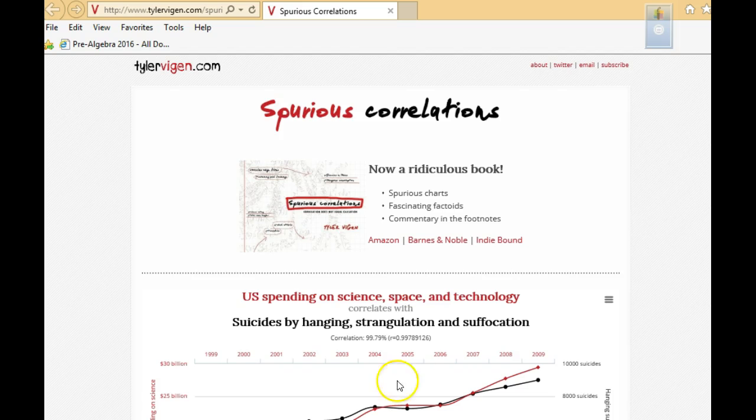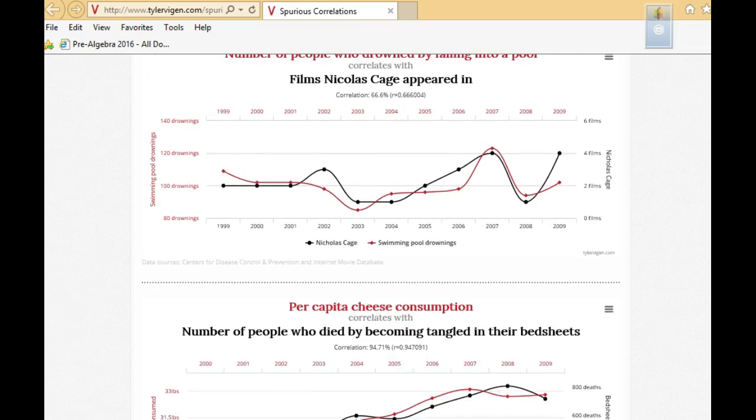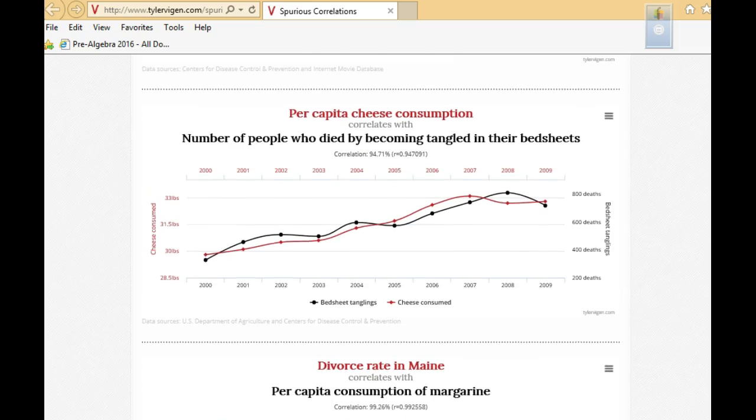So, I just want to show you this website. It says, how ridiculous some things look. So the U.S. spending on science, space, and technology, and suicides by hanging, strangling, and suffocation. Now, we think over the years that those have anything. This is the one that we have in the notes, the number of drownings, right?